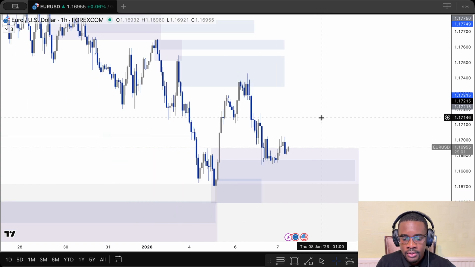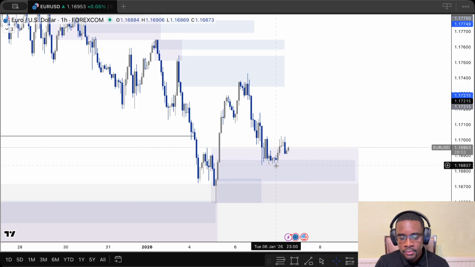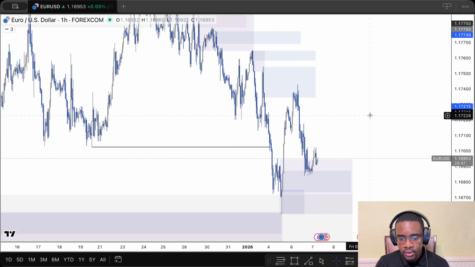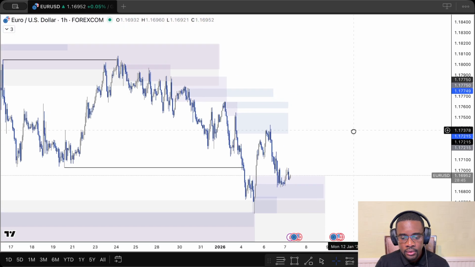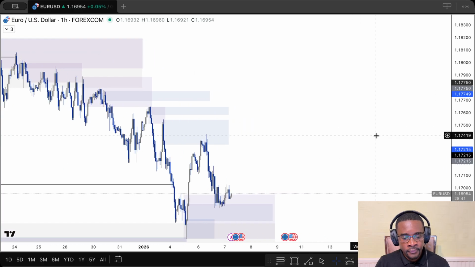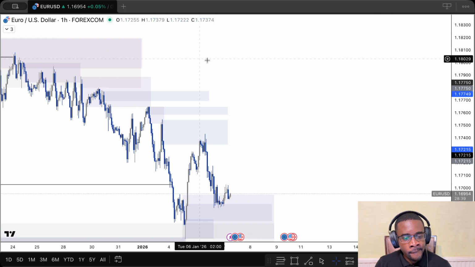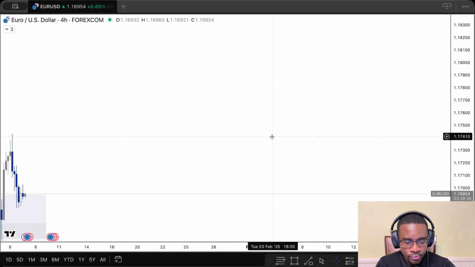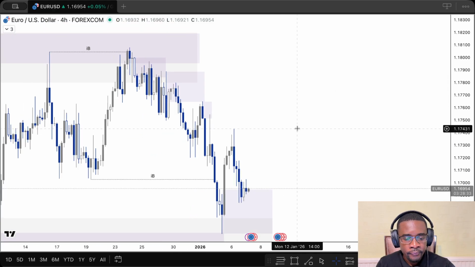Alright, so the pound is a lot clearer than the daily of what we expect. Price is already in the daily 1-hour area. So yes, we've mitigated our 4-hour area.